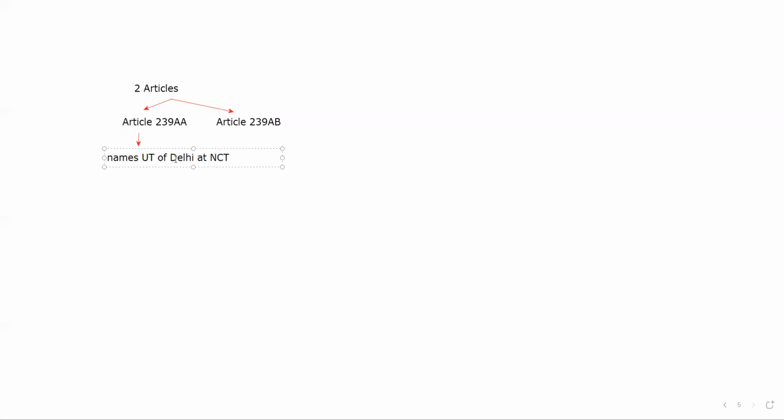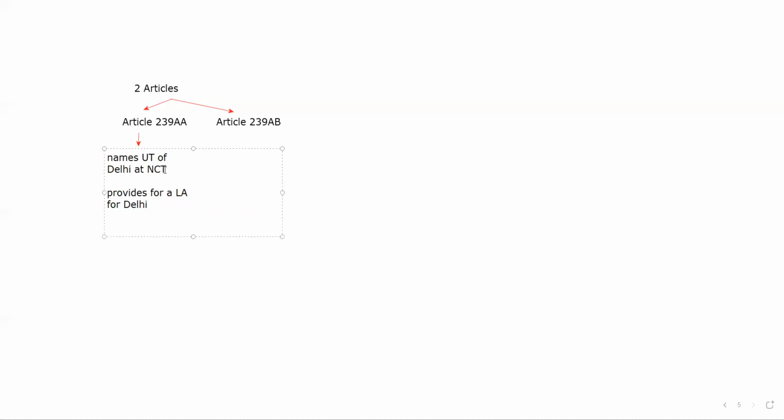This is the one point. The second important point is that it provides for a legislative assembly, LA, for Delhi.